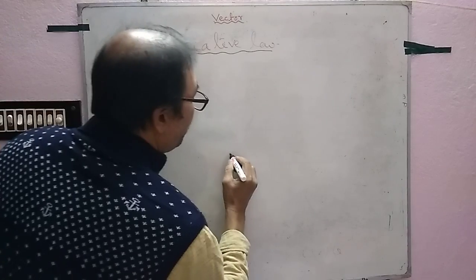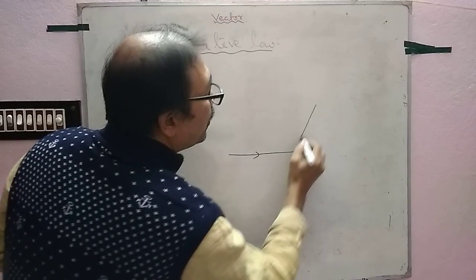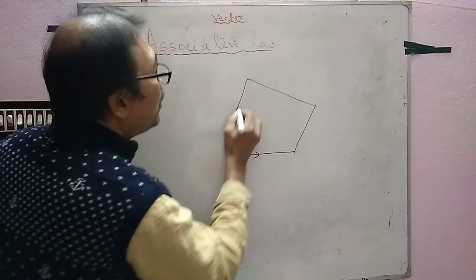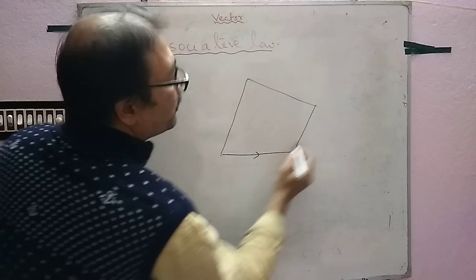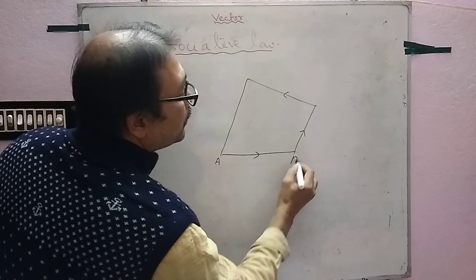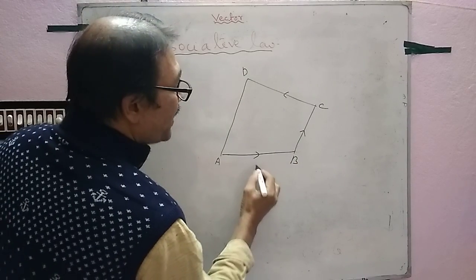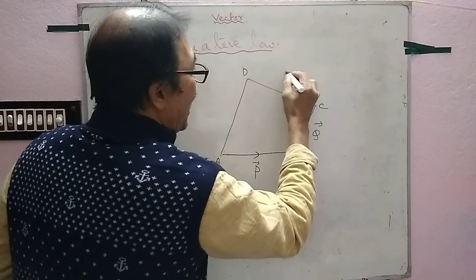Now we draw a quadrilateral, maybe a polygon we may say. A, B, C, D. This is P vector, this is Q vector, this is R vector.